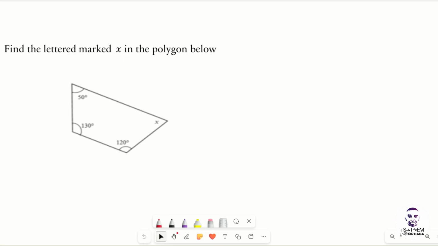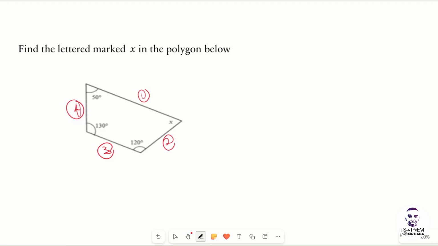Basically, with this question, as we mentioned earlier, the first thing you need to do is to ensure that you get to know the number of sides that this polygon has. So we can number them as 1, 2, 3, then 4. Once we know that it has 4 sides, we mean that n will be equal to 4.